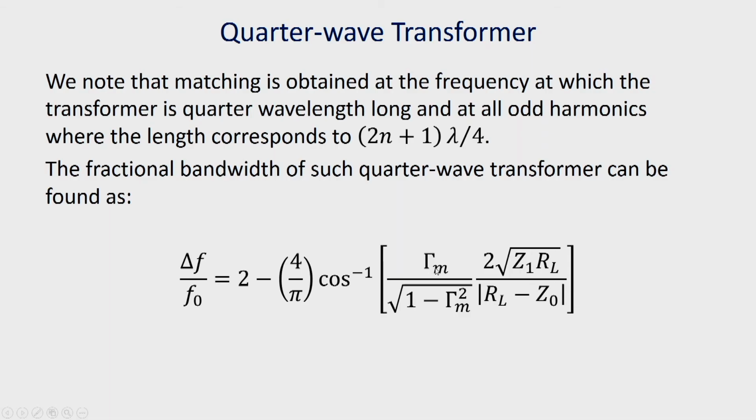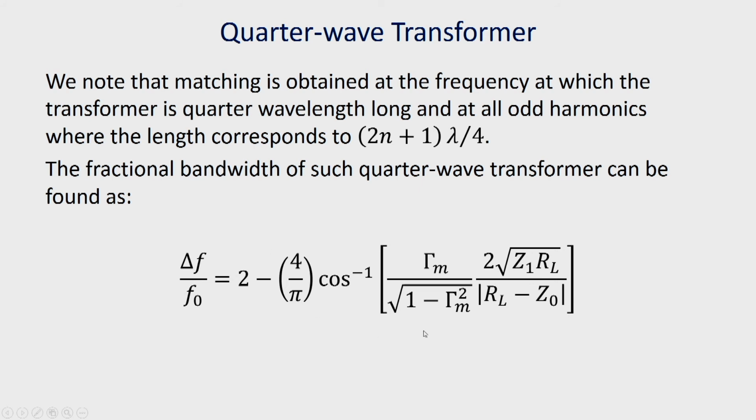You can see that with different value of acceptable level of reflection coefficient, fractional bandwidth will be different. So, this is cos inverse 2 gamma m divided by under root 1 minus gamma m square into 2 under root z1 into RL divided by mod of RL minus Z0.